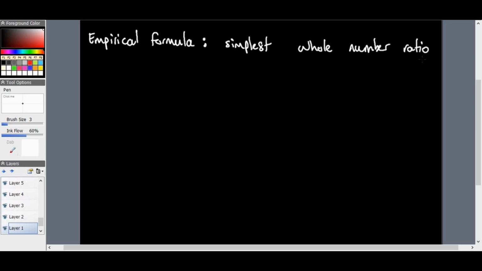Now to add on to that, simplest whole number ratio of elements given in a compound. Or elements in a given compound, whichever one you want to use. But you can't just say simplest whole number ratio. That's a way to remember it though. But you need to mention the simplest whole number ratio of elements given in a compound.